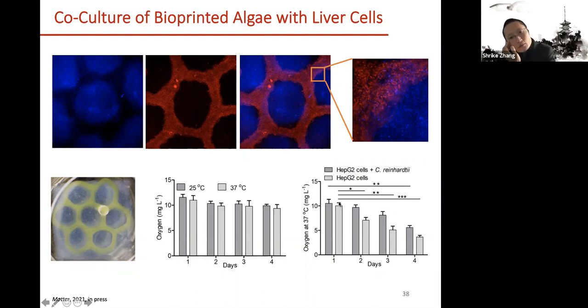And what's more important is within the structure, if you have the algae, you can see much better oxygen retention within the liver microtissue because you have this algae producing oxygen from within the tissue. But on the other side, if you don't have the algae cells, but only the liver cells, you can see much less oxygen within the tissues.